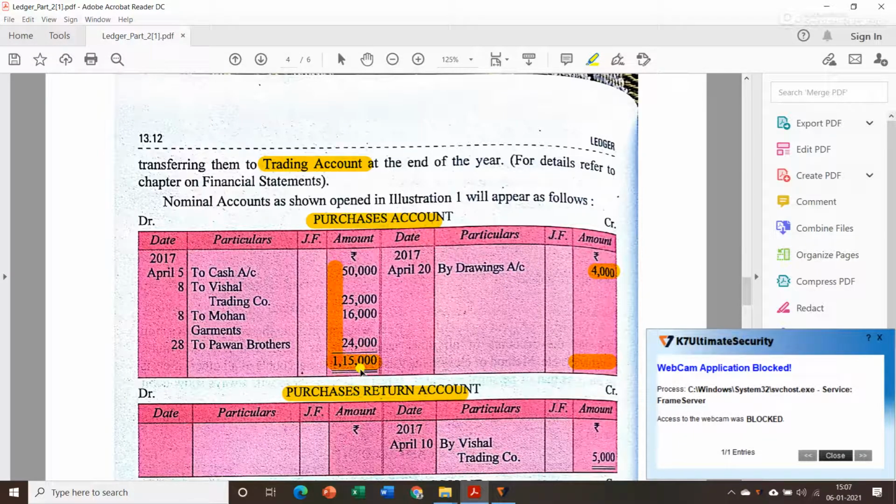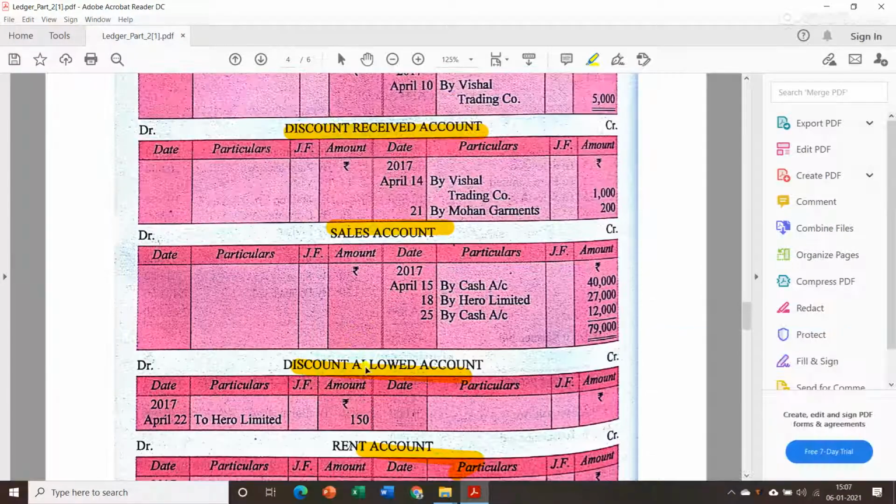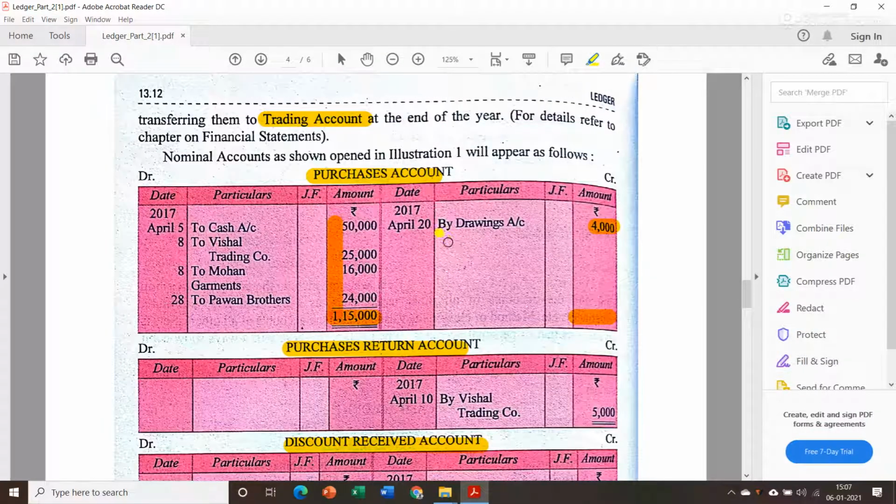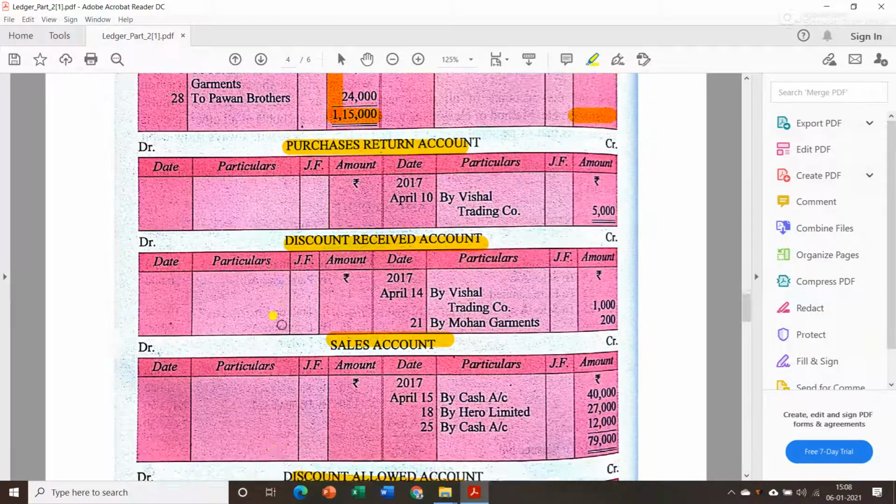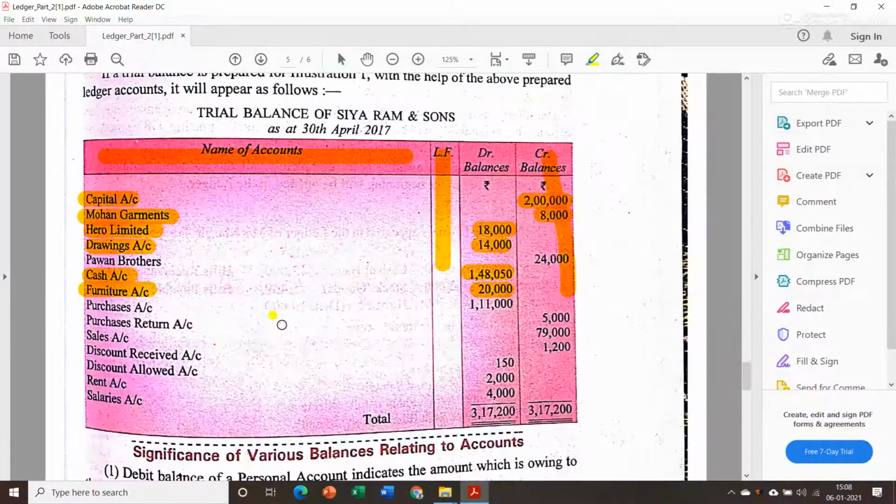So we will write 1,11,000 here as balance carried down, then this will go on the debit side as balance brought down. So the purchases account is showing a debit balance of 1,11,000.